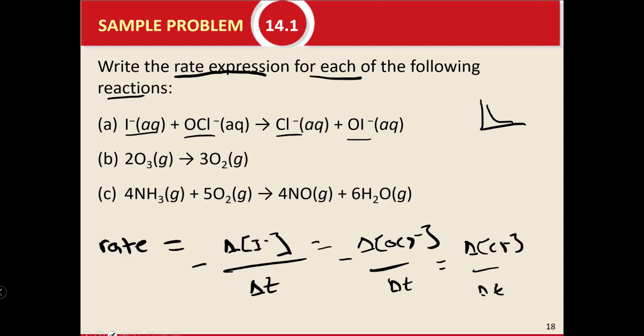And that's positive because the chloride ion is going to be increasing through the course of the reaction. And then that's going to be equal to the change in the iodide ion over change in time. Again, no negative for these because these are the products. Easy if you understand it, and that's why you want practice in doing it.